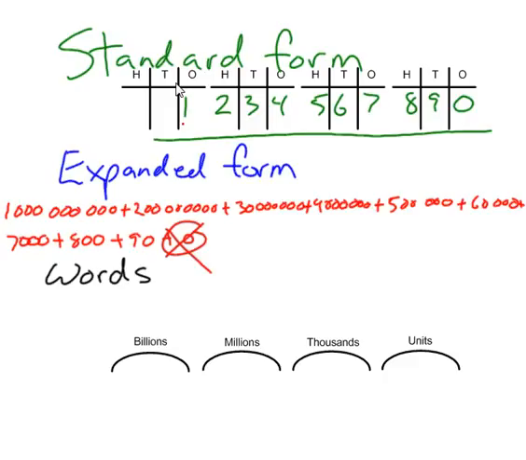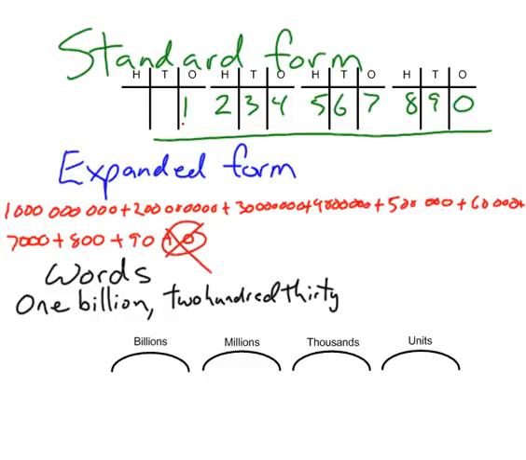So saying it again, we have 1 billion, 234 million, 567 thousand, 890.